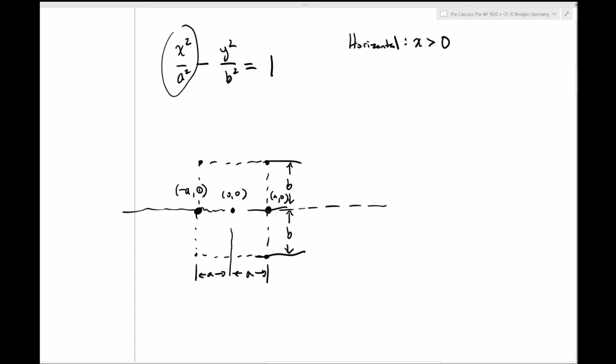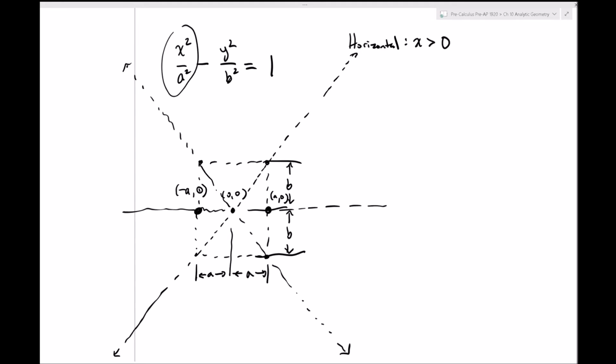Now that box is also going to tell us what the asymptotes look like. So what you do is you connect the diagonals of the box and then extend those to make straight lines that go outward forever on both sides, and then forever on this side too, as well. Those lines that are the result of extending the diagonals of the box are the asymptotes of this figure.